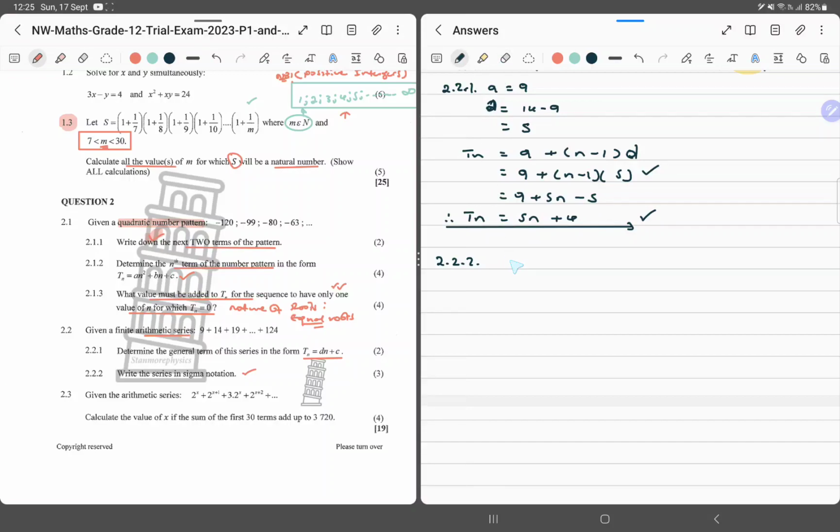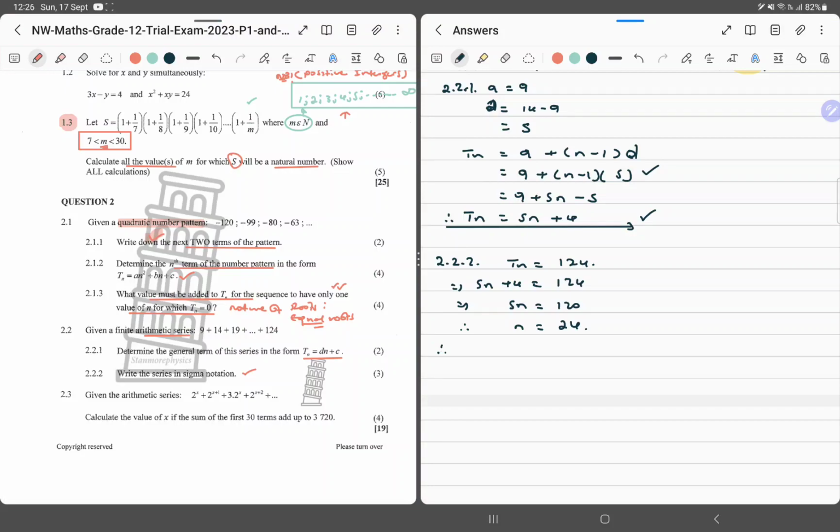So we know that Tn is equal to 124, right? And what is Tn? We know that this implies that 5n plus 4 is 124. This implies that 5n is going to be 120. Therefore, n when we divide by 5 is going to be 120 divided by 5, which is 24. Okay, so not a problem.